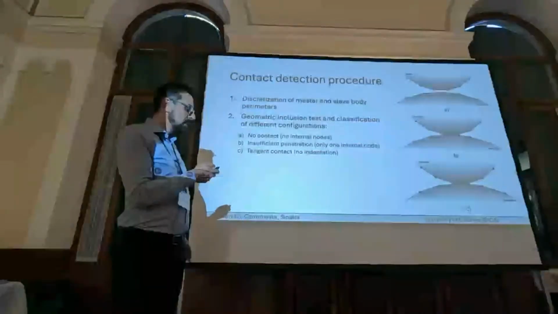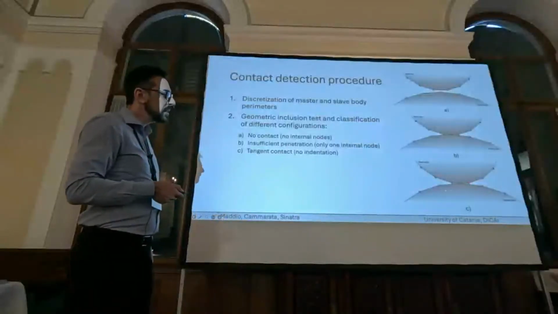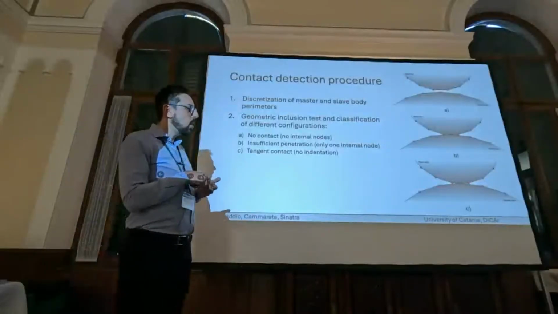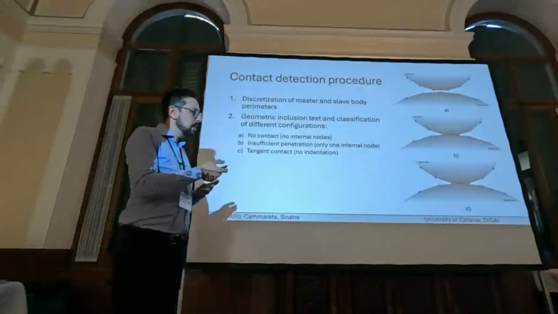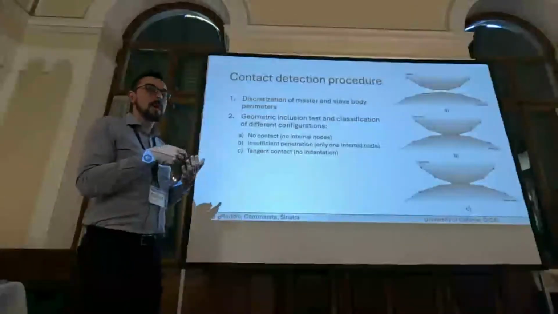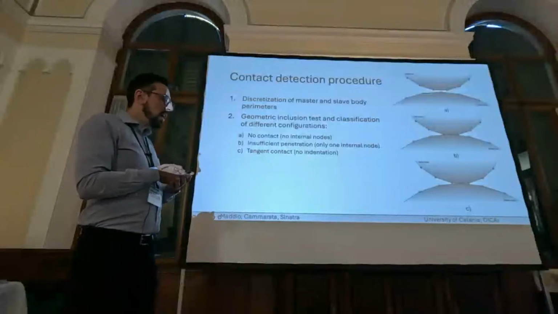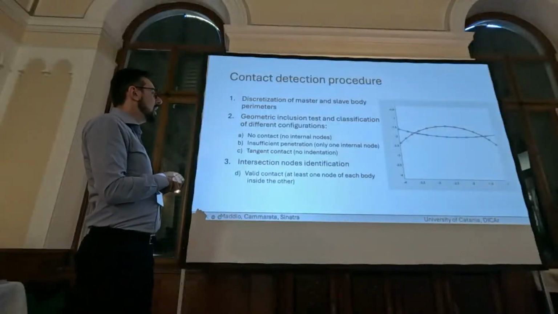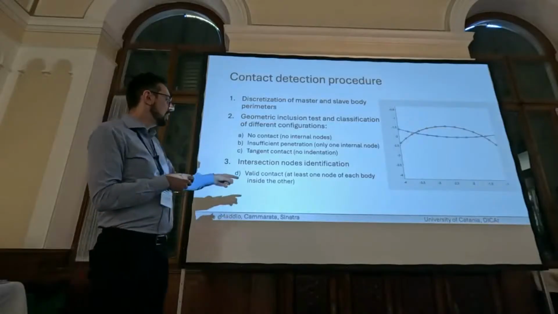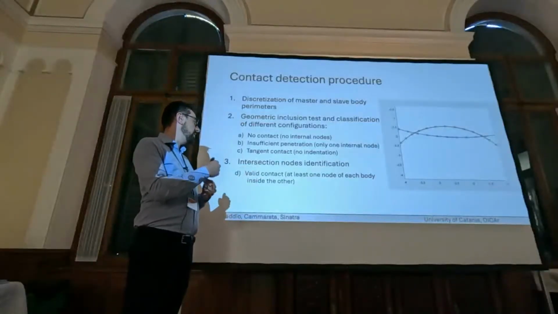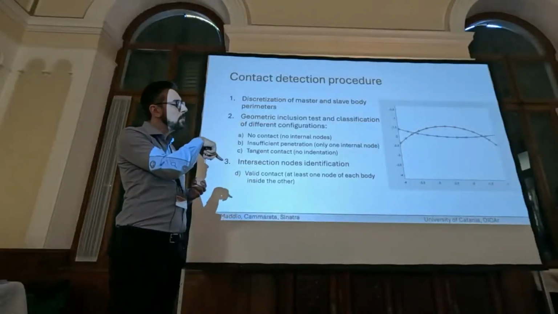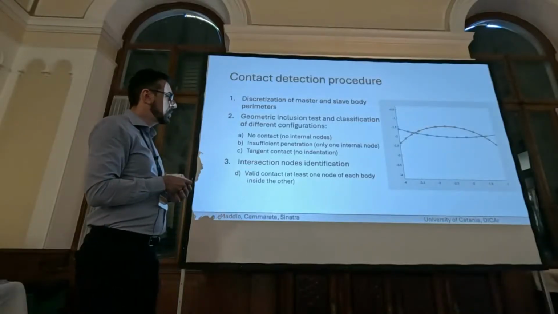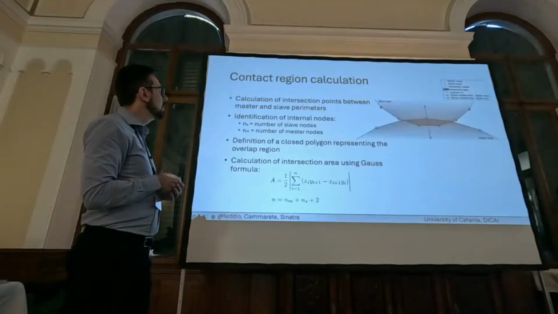Third, tangent contact, when we have exactly one node on a segment of the other body; we cannot compute the global force because we are based on the overlapping area. Once we are in the right condition, so at least one node of each body is inside the other, we can compute the two or more intersection nodes that we can have.